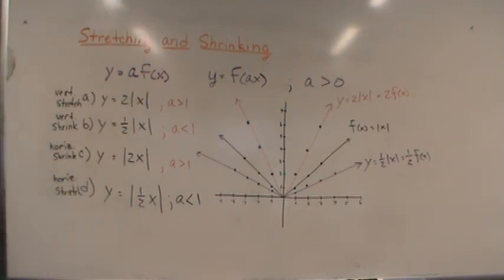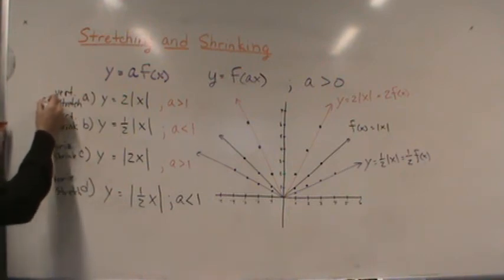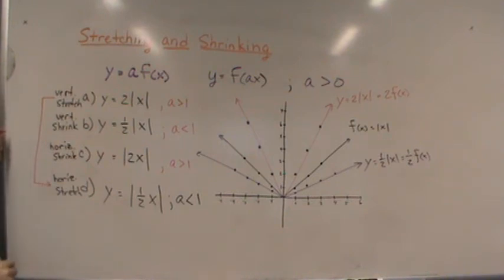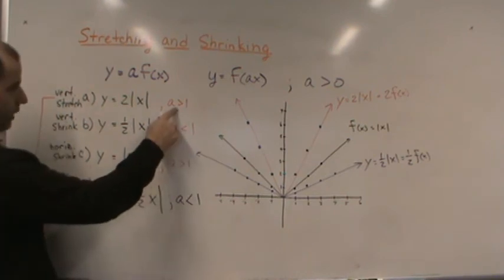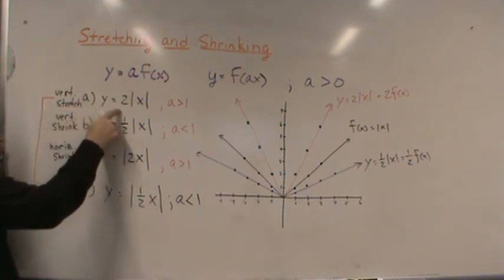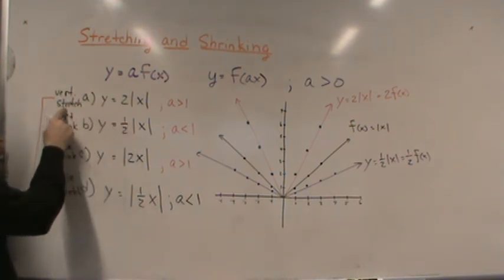Okay, so now notice something here. This and this, a is greater than 1, a is less than 1. When a is greater than 1 and you're outside the function, it's a vertical stretch.